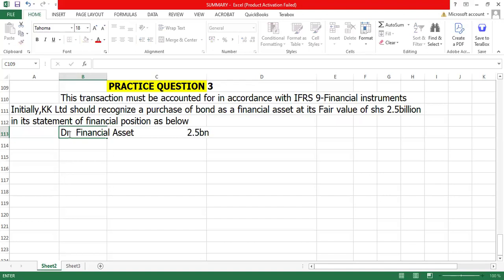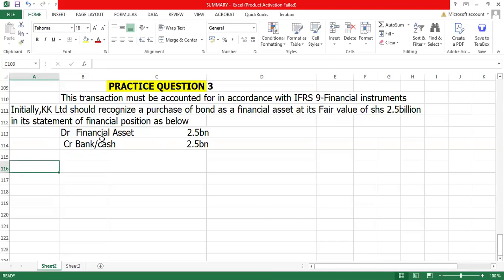Then you credit what? Remember, for you to purchase this bond, you had to give out money. So you credit your bank or cash 2.5 billion.